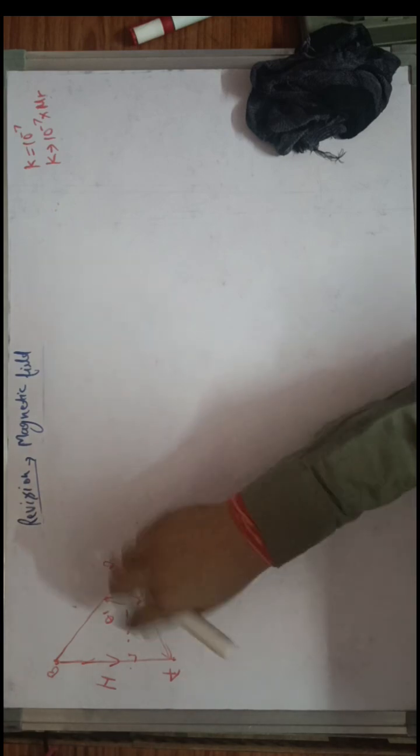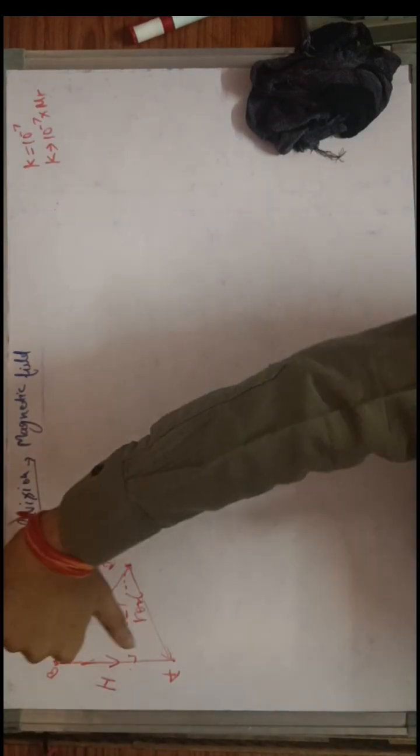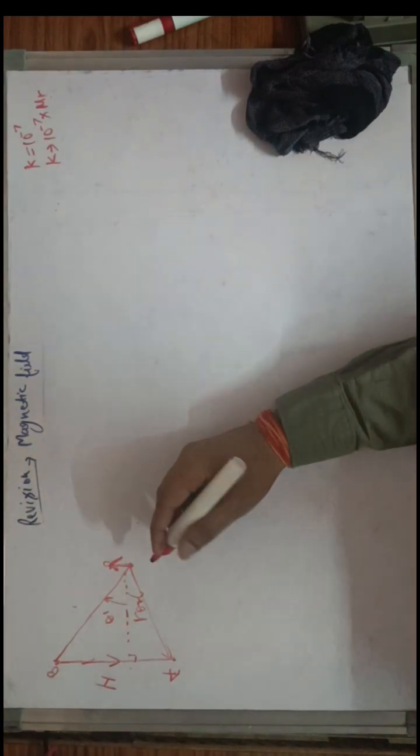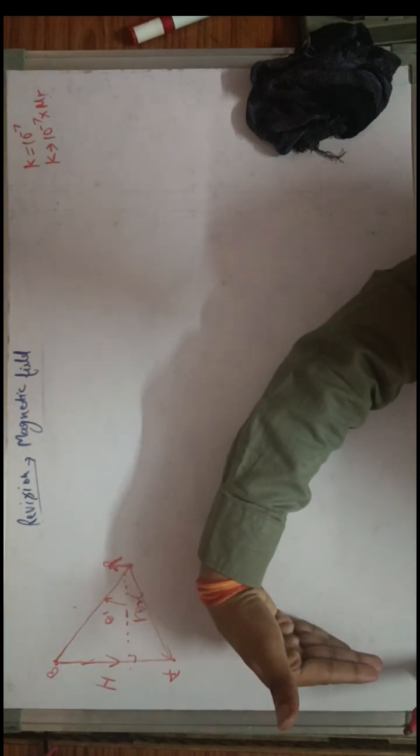First of all, the direction of this magnetic field would be given by the right hand rule. If the thumb points in the direction of current, then the curl of fingers tells the direction of magnetic field, which is upward. Or I can say the velocity is in this direction, r is in this direction, so v cross r gives the magnetic field in this upward direction.